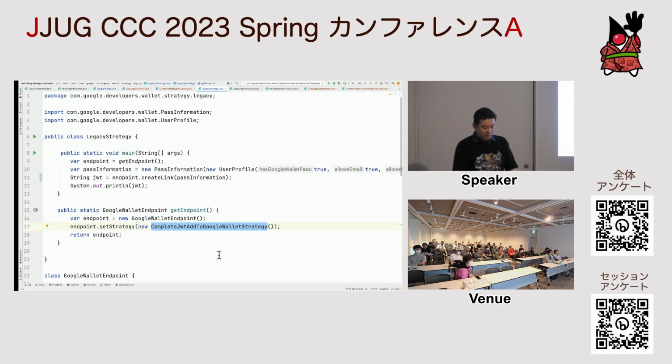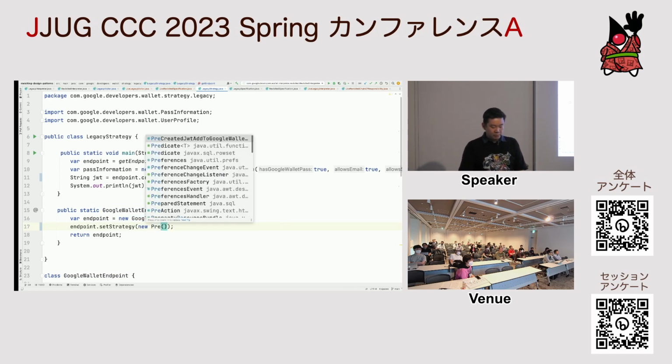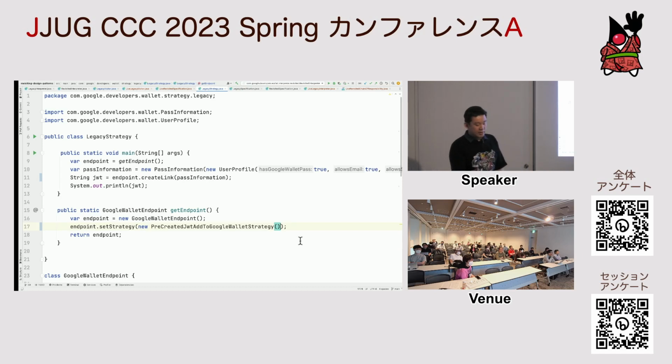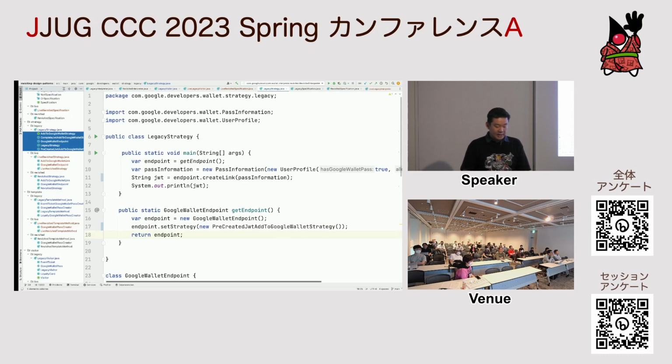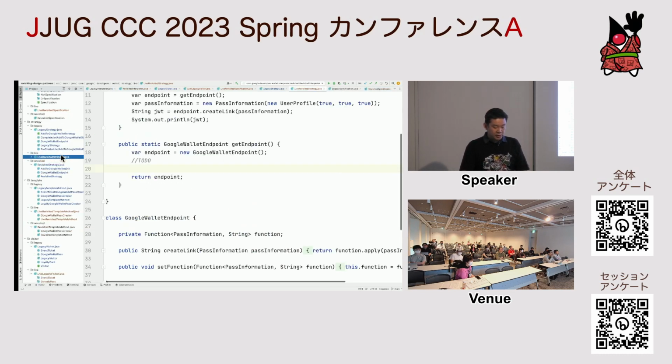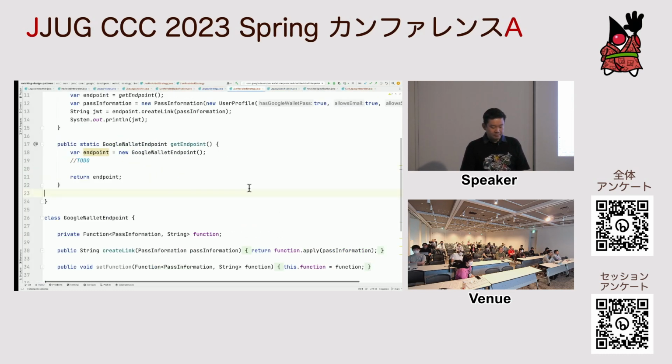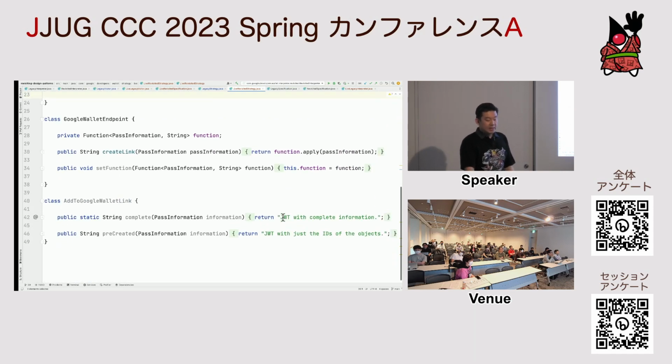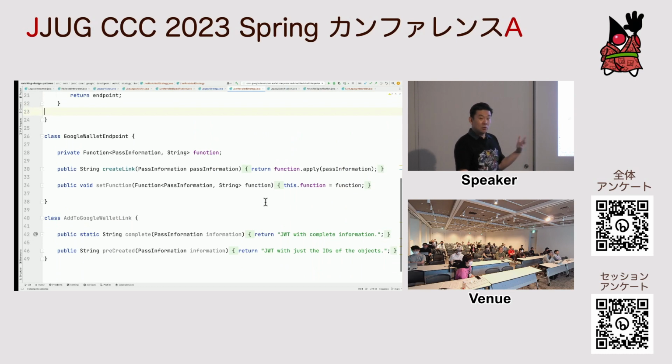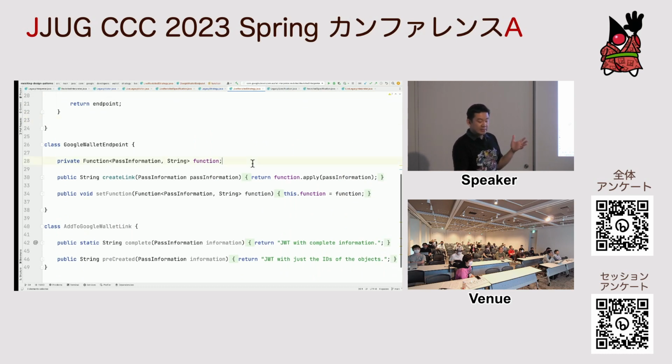This is a complete one. I can create for a pre-created JOT strategy, and it's done. This is the legacy one. Now, if you want to do the new version, instead of creating a new interface called Add to Google Wallet strategy, I can simply, in the endpoint, create a function which receives pass information and returns a string.